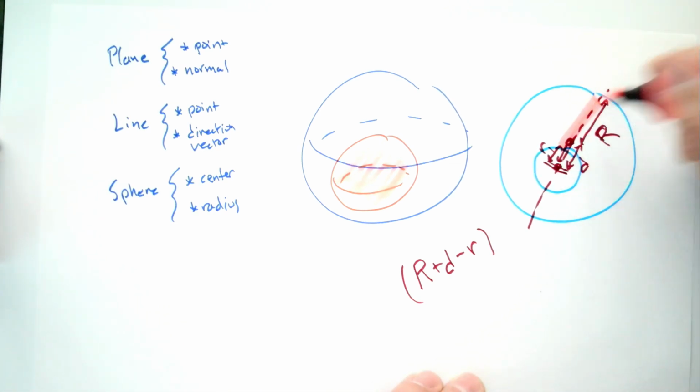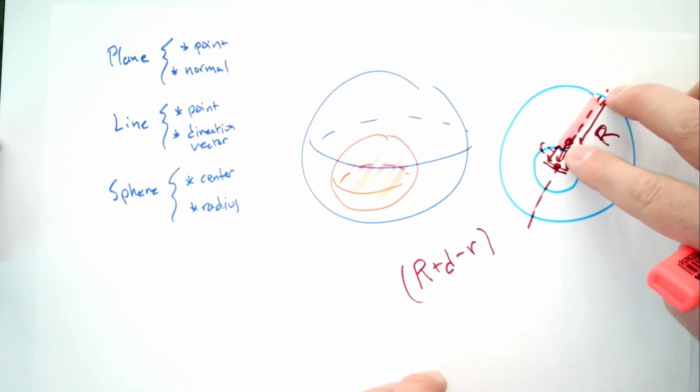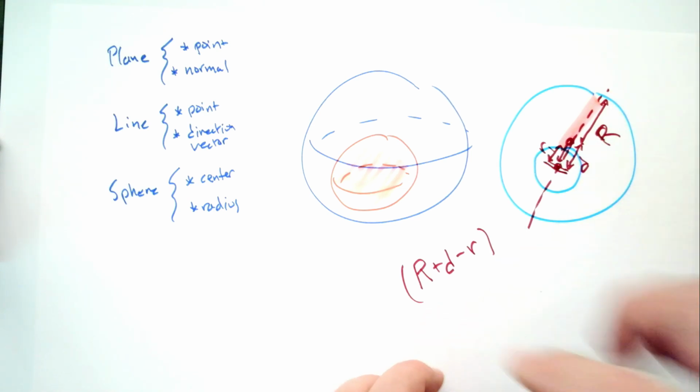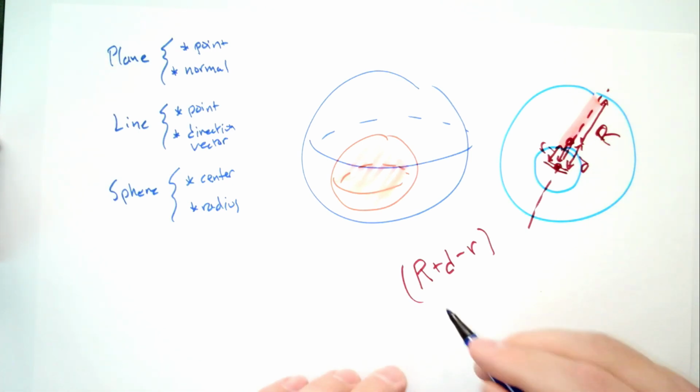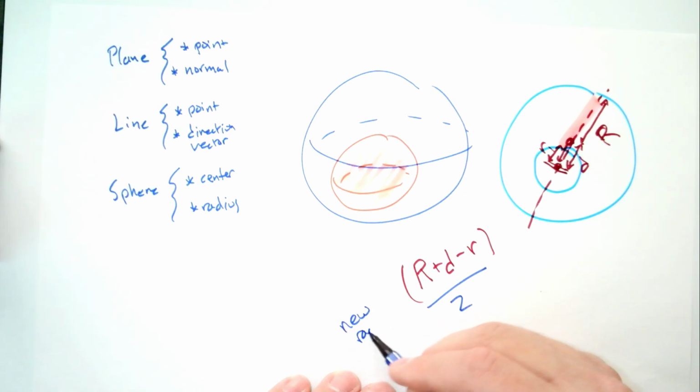That's the distance I could go in between those two. So what is that? Well, that's the diameter of our new circle, but of course in reality it's going to become a sphere. How do you get the radius? You divide by 2. And we say, okay, this is our new radius.